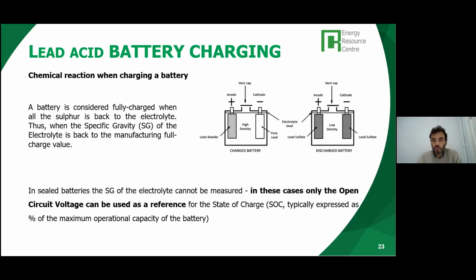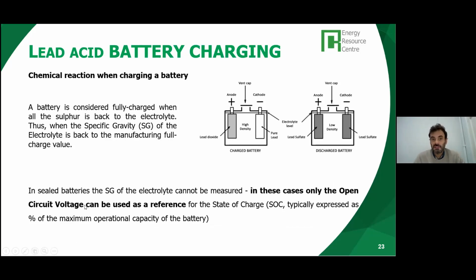So the control of the specific gravity is one of the parameters that we can use to know if a battery is charged or not charged. Of course, that is when we can access the electrolyte, but if we are using sealed, maintenance-free batteries, we cannot access the electrolyte.